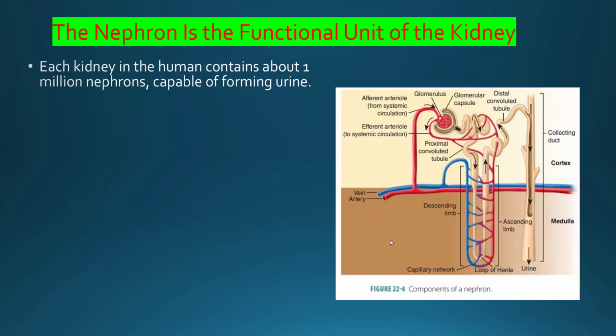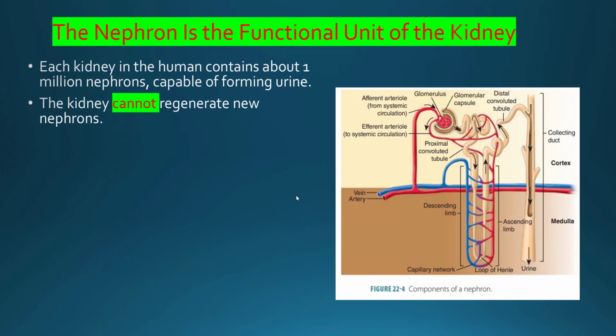Each kidney contains 1 million nephrons. The nephron is the functional unit of the kidney. Each kidney in the human contains about 1 million nephrons capable of forming urine. This is the complete structure of a nephron.